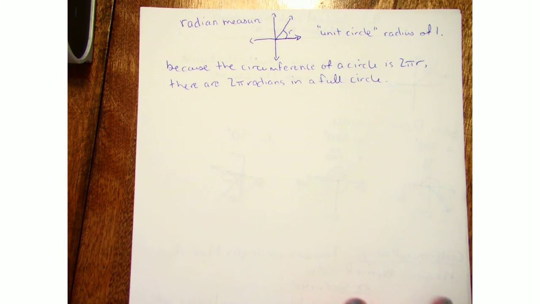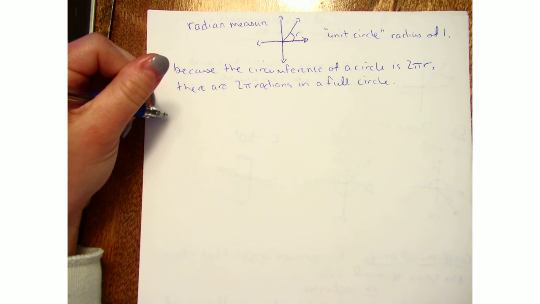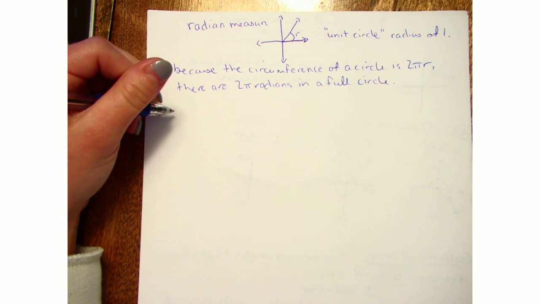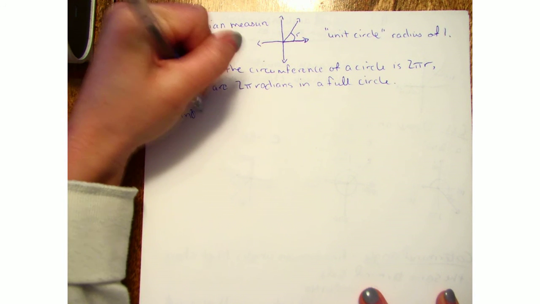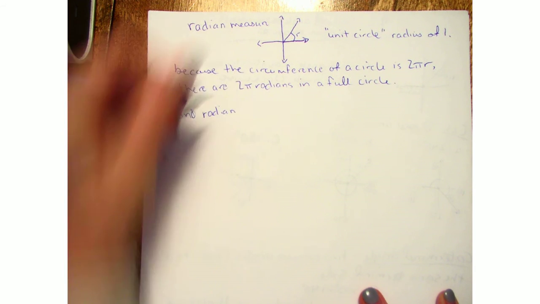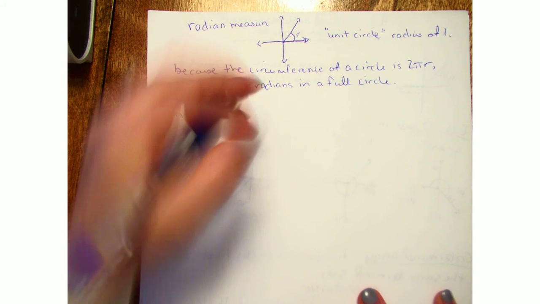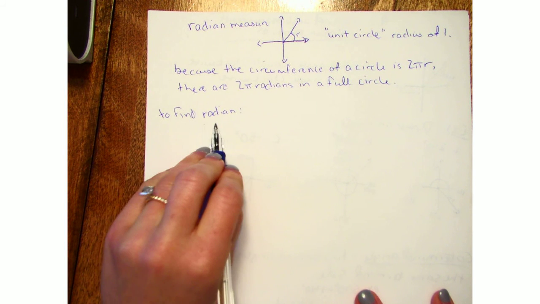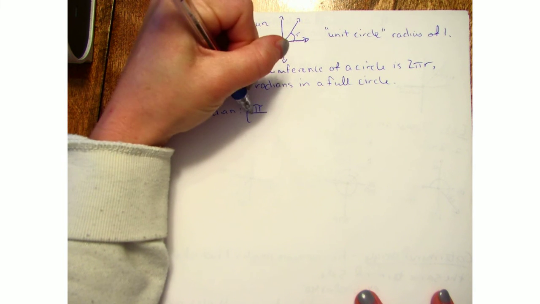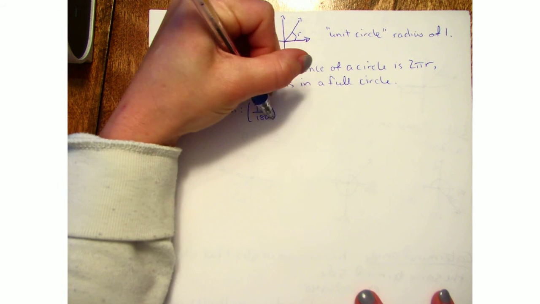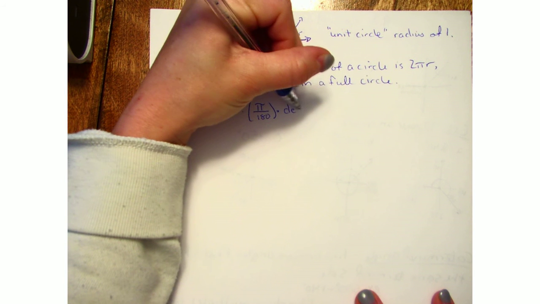All right, so we're going to run through swapping back and forth between radians and degrees. To find radians means you don't have them, and this is when you're given a degree. So to find radians, you take pi over 180 and you multiply it by your given degree.